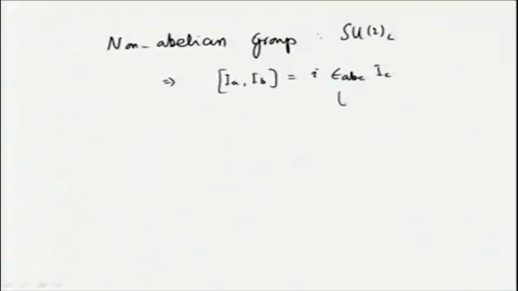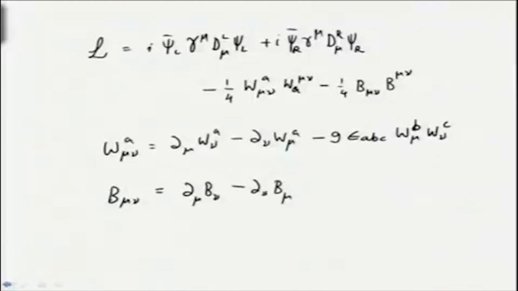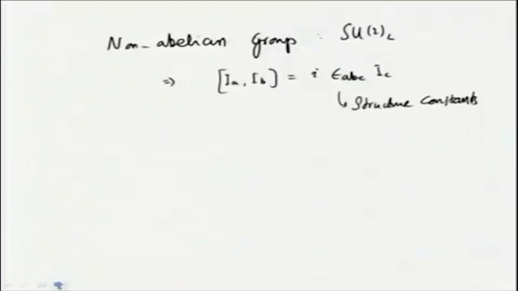So, these are again called the structure constants, that is what we had used, and looking at the W mu nu, very similar to the G mu nu A, we have here again self interaction of the W's.